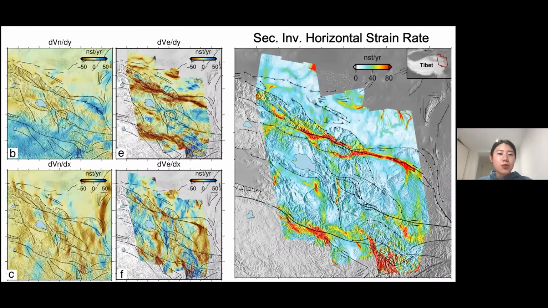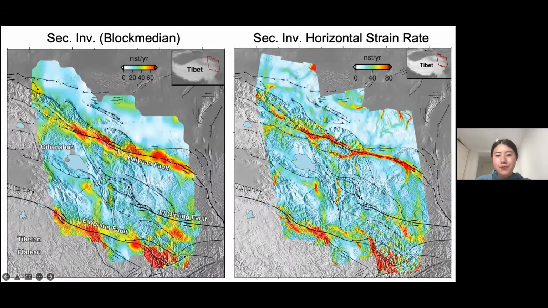And using the same approach, I can calculate the velocity gradients from the median filtered VE and the interpolated GNSS north velocities. And this gives me a much better second invariant horizontal strain rate field. And we can see this is a lot sharper than what we had before.